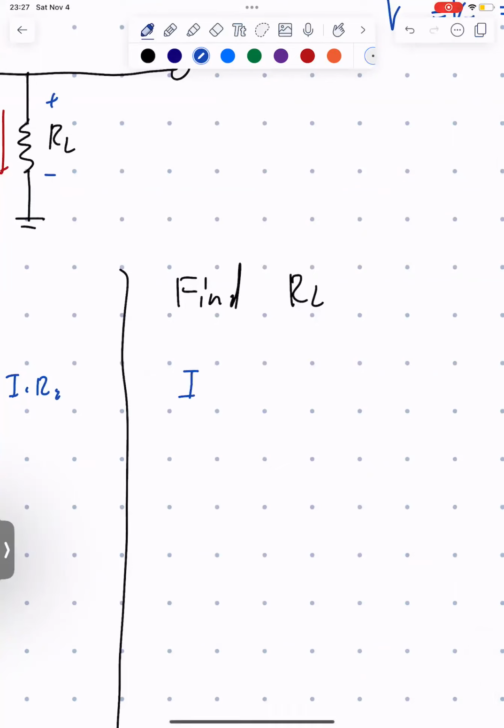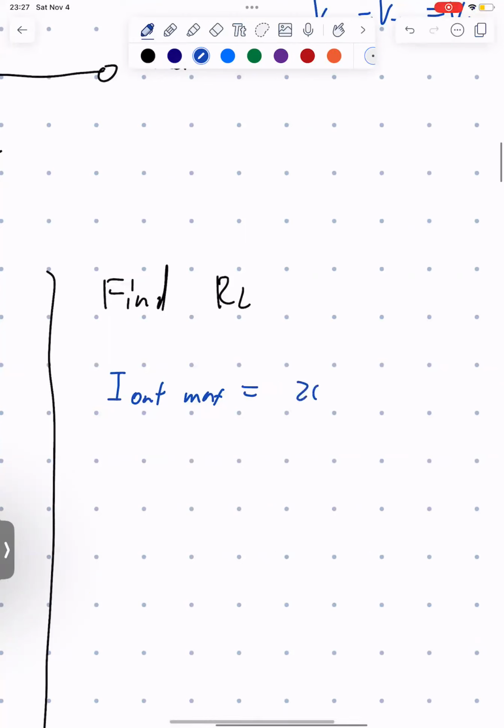Let's write down what we know. IL max with the diode that was given to us is 20 milliamps. And our goal is to use this value to create a V out max of 8 volts.